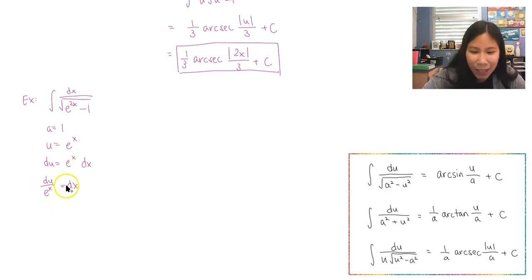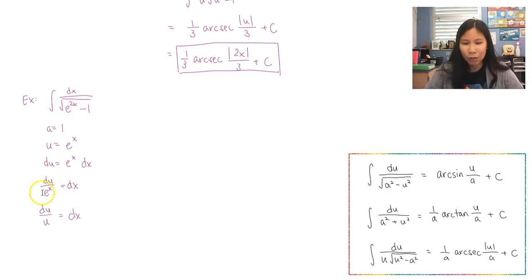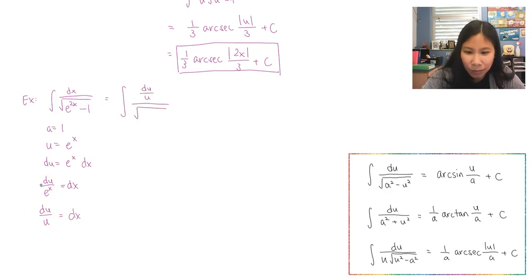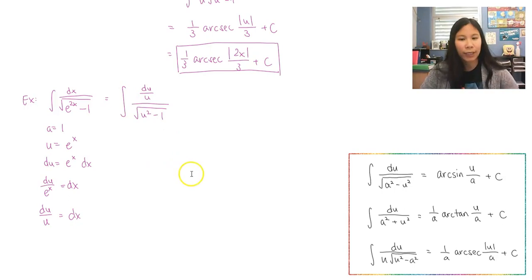So really, I can rewrite dx as du over u, because I'm just going to substitute u equals e to the x for e to the x here. So now, when I rewrite my original problem, dx is going to be du over u, over the square root of u squared minus 1. And so I was still able to get my entire problem into terms of u, no more x's.